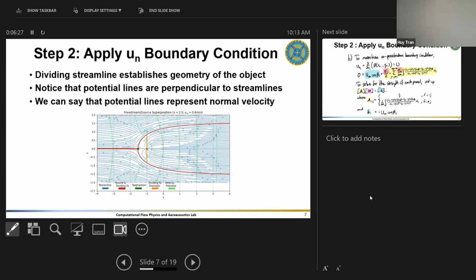So if the light green lines are perpendicular to your streamlines, then by default, looking at the dividing streamline, the red line, all of your velocity potentials at those locations give you the normal direction to that surface itself. So we can say that the potential lines can represent normal velocity with respect to the streamlines. That's the point, so that's why it's really important to look at that.